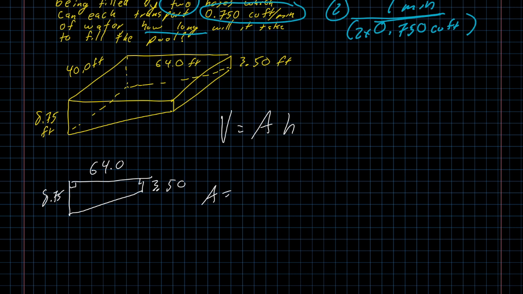I'm generally going to assume that the walls of the pool are all vertical and it's only the bottom that's slanted, which means that the angle between the water level and the walls are right angles. Those are parallel lines. So we can take 1/2 of 8.75 plus 3.50 and multiply that times 64.0.